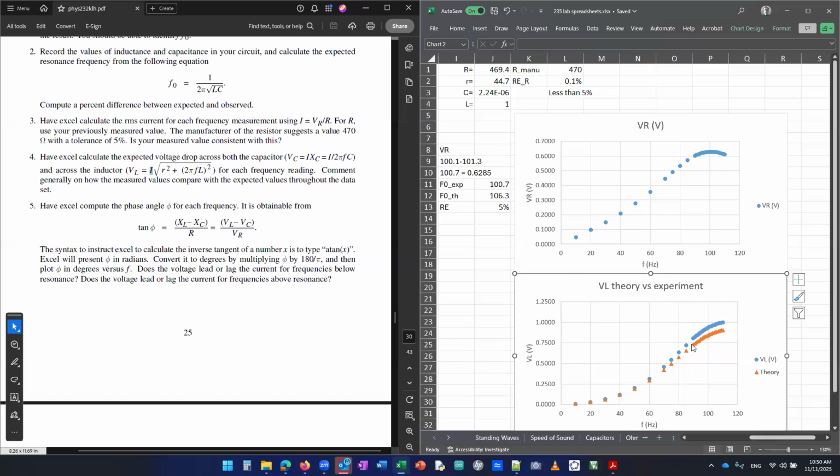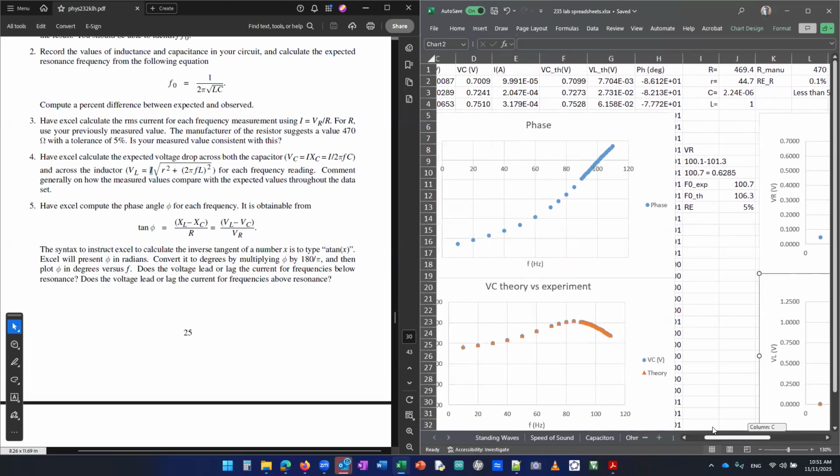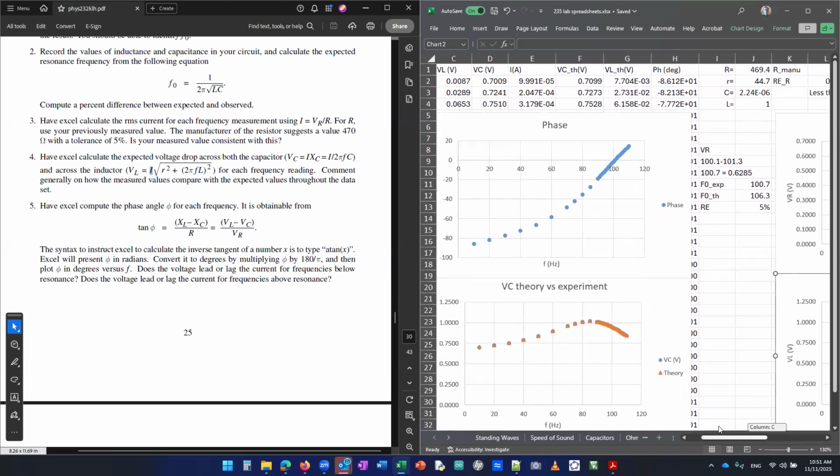So you can see the theory curve goes up and the experimental curve goes up. There's a small amount of a discrepancy in between the two. So that's what we can say in terms of comment. You can say how closely the two curves trace each other, that will be your conclusion.